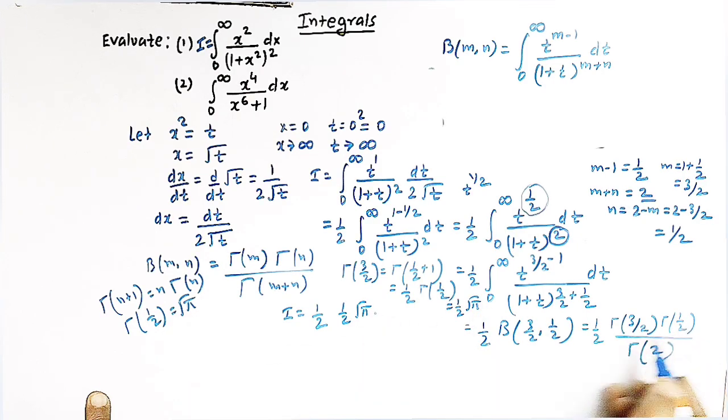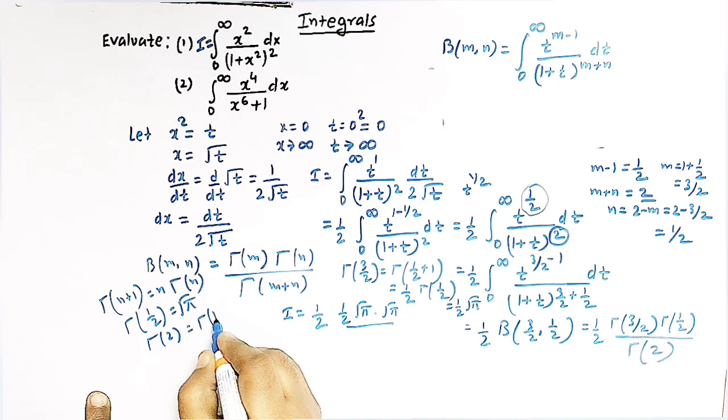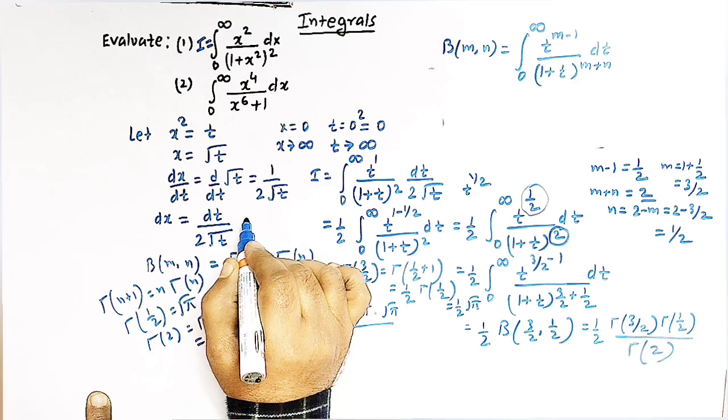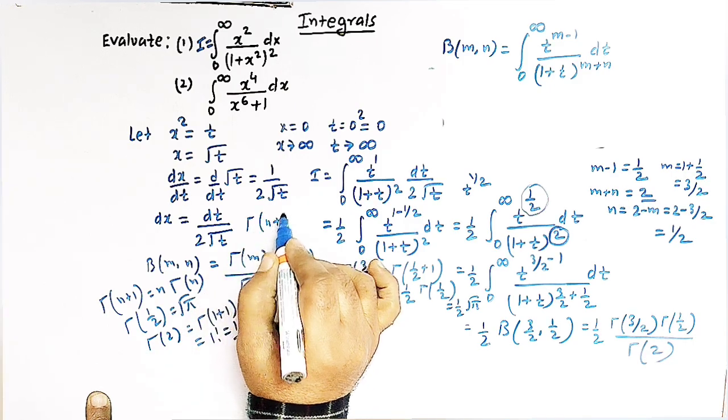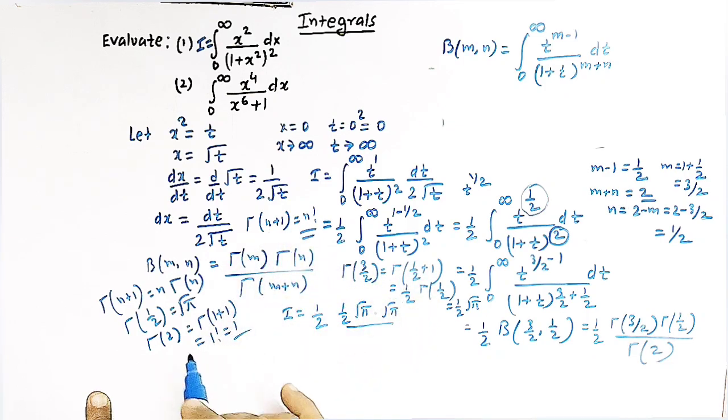And gamma half is square root of pi, and in the denominator we have gamma 2. Gamma 2 can be written as gamma 1 plus 1, that is 1 factorial, that is equal to 1, right? Because we know that gamma n plus 1 is equal to n factorial, where n is some positive integer, right?